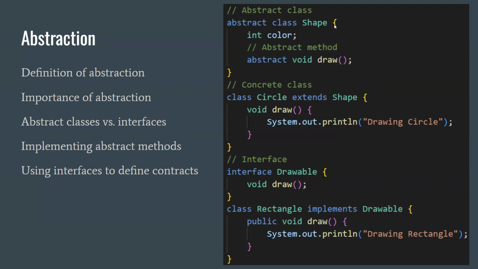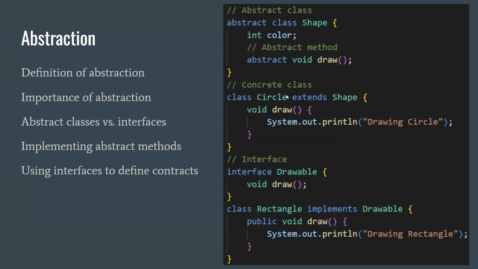We have this shape class, but because we have this abstract keyword, it's a shape abstract class. And the shape abstract class itself cannot be instantiated, and requires subclasses to provide implementations for the draw method. So we have this circle class that extends shape and provides its own draw method.